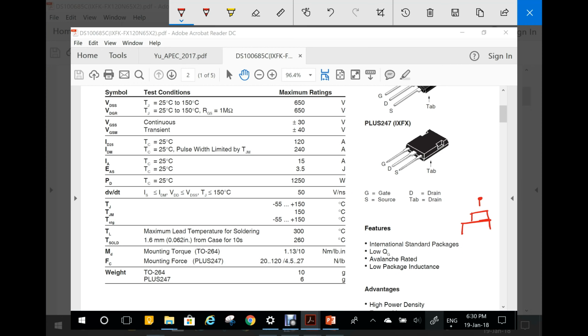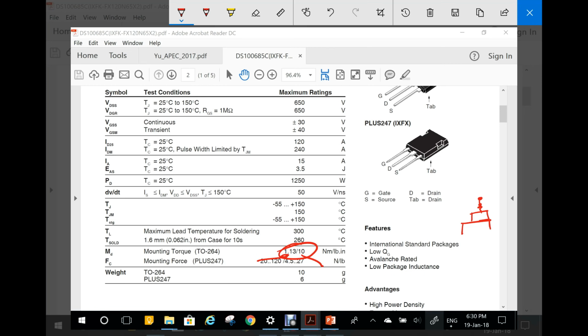Then you have a screw here that you put in here. And it limits the torque that you apply with the screwdriver to this value, it's a Newton meter or pound inch, and this is like 1.13 Newton meter or 10 pound inch.